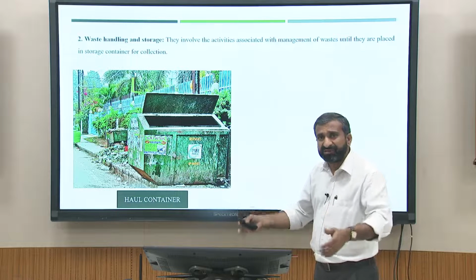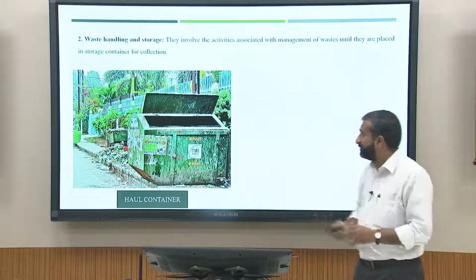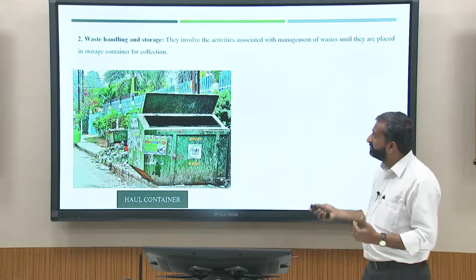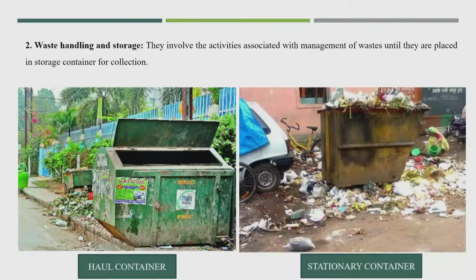Why haul container? Because the entire container is hauled onto the vehicle along with the waste. This is one kind of on-site storage. The other kind is the stationary container, where containers are not hauled off, but only the waste is hauled off into the vehicle.